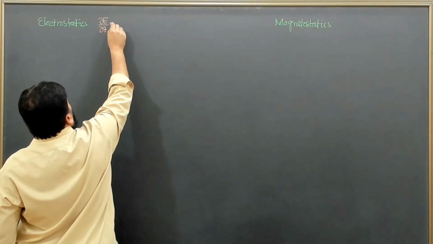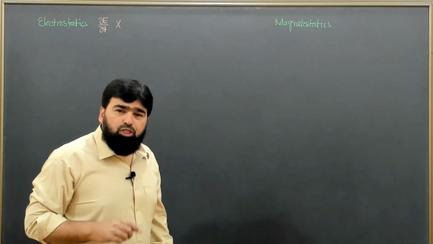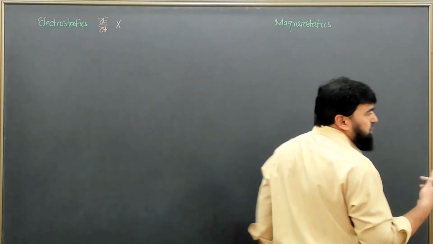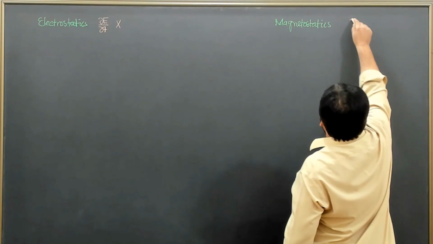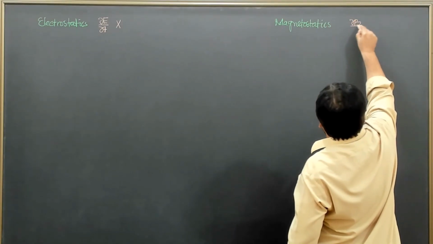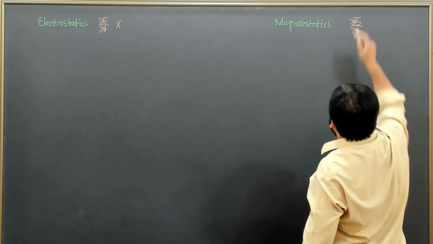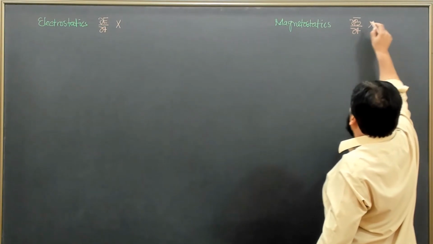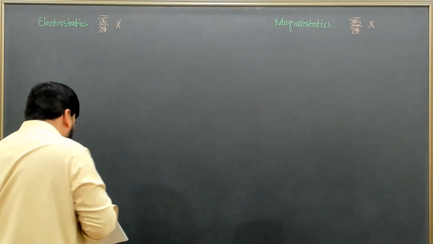Electrostatics means time independent, and our charge is at rest, not moving in time. And in magnetostatics, the magnetic field is not varying in time. So we will have to keep these two things in mind here.